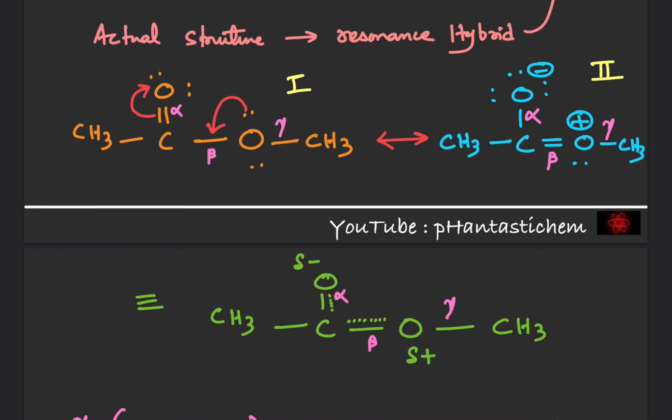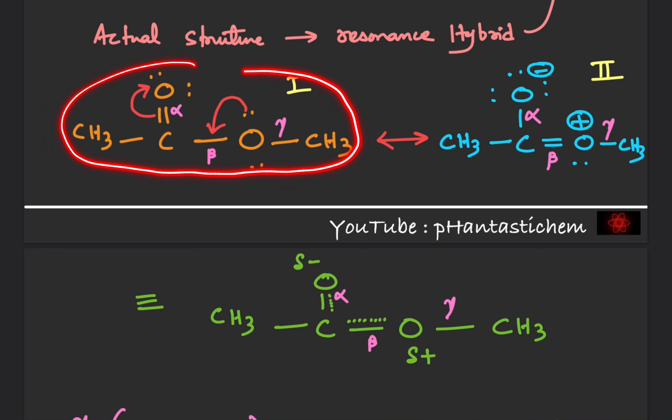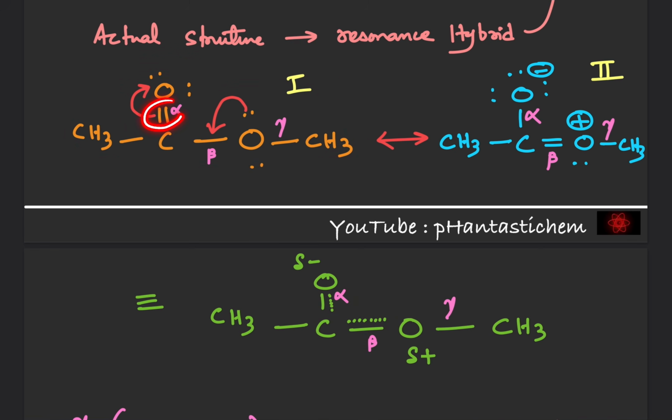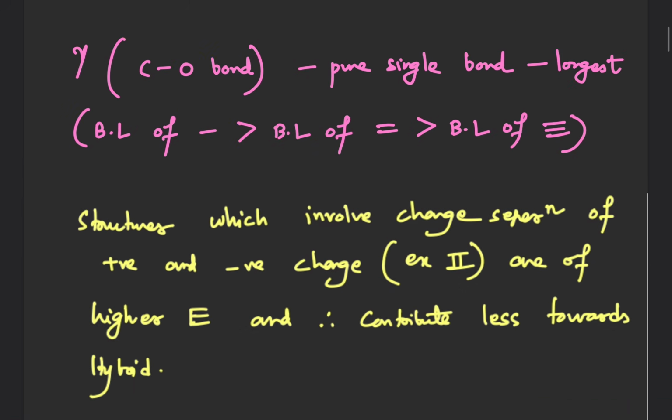But since structure 1 is the major contributor, therefore the double bond character of alpha is more than the double bond character of beta.